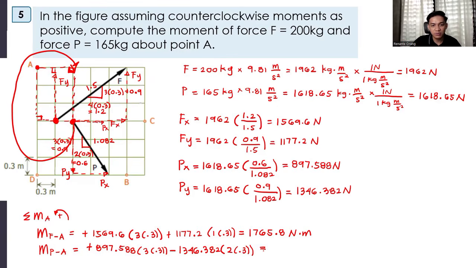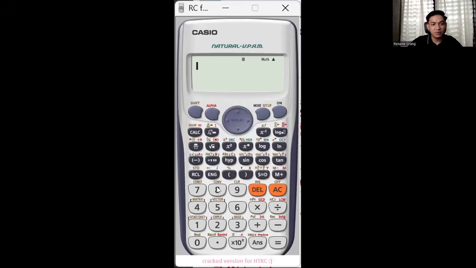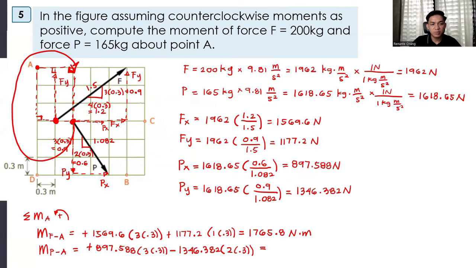On the calculator, we have 897.588 multiplied by 3 times 0.3 minus 1,346.382 multiplied by 2 times 0.3 equals 0. So the moment of our force P with respect to point A is equivalent to 0.